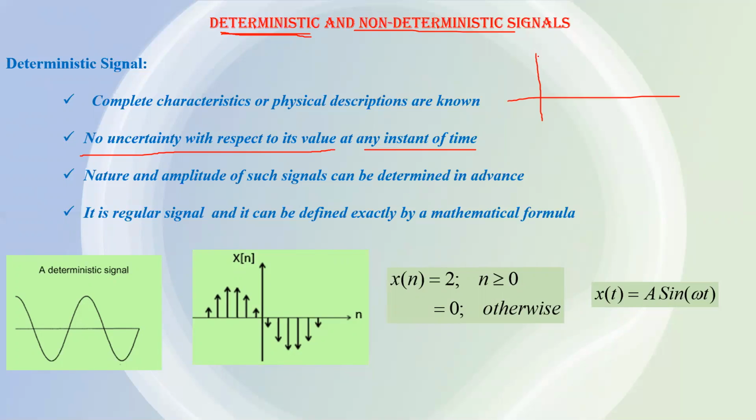For example, this is any physical quantity which is vary with time. This is a signal. Now, at any instant of time, this is a regular. If this angle is 45 degree, then you can write a equation between x and t.